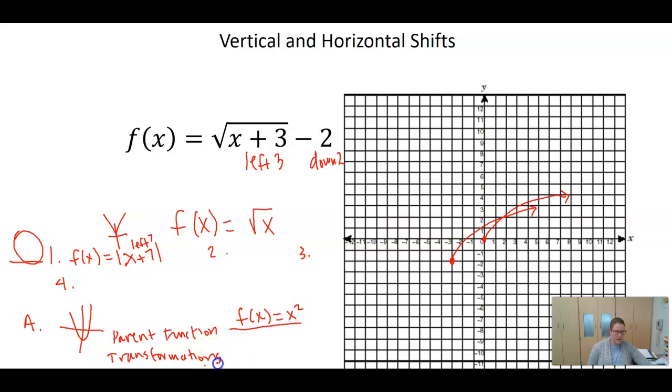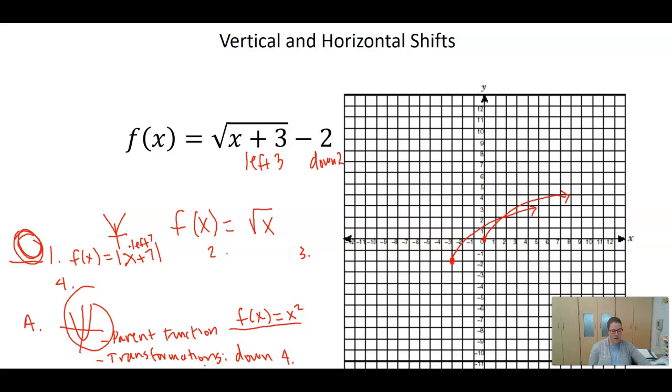And then for the transformations, you're going to say how this function moved from the origin. So this one went down 4. Okay, so these lines, parent function and transformations, that are right under the graph, those are for the graph that is right above. And these lines out next to the function are where you will put which one of the graphs matches this function.